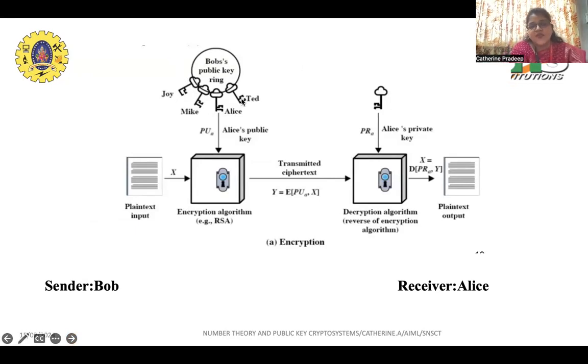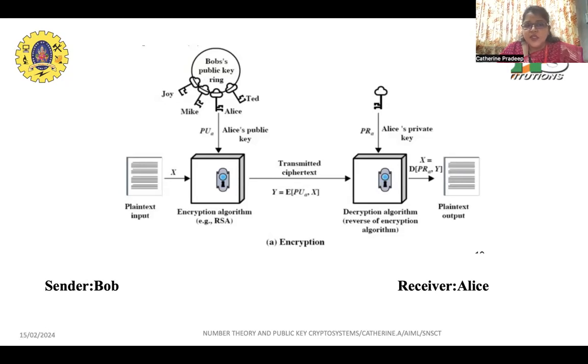He takes all these friends' public keys from the public key register, and he also has his own public key, just like how you have your friends' phone numbers, right? If your friend has provided his phone number, anybody who has access to it can make a call to him. Just like that, Bob has a public keyring from which he has taken, from the directory, a few of his friends' public keys and stored them in his public keyring.